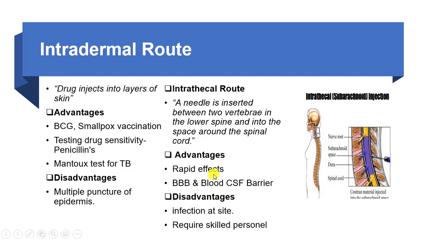It has rapid effects. Since it is inserted essentially into the spinal cord, it has rapid effects, and also because it bypasses the blood-brain barrier and the CSF barrier, it can have rapid effects at the particular site of action or the therapeutic effect that is wanted. And disadvantages.